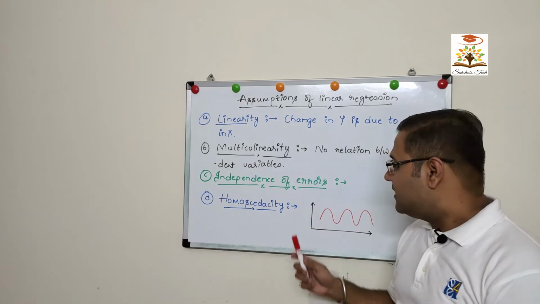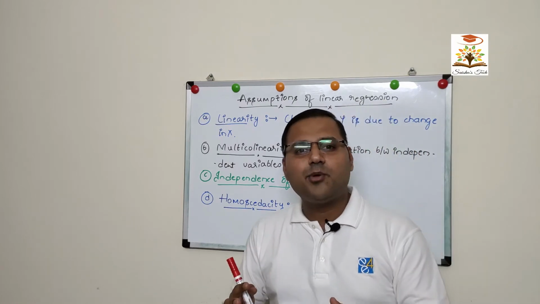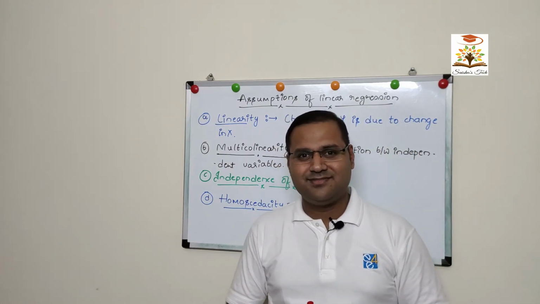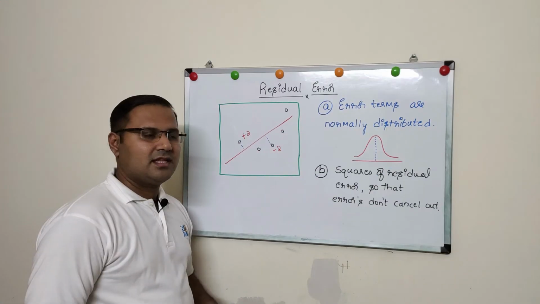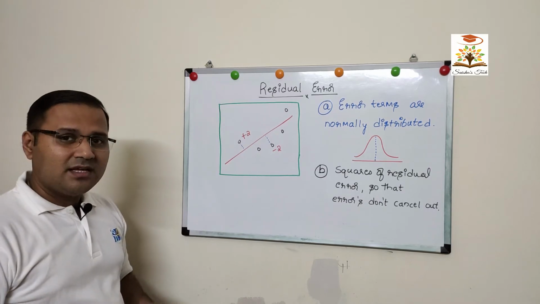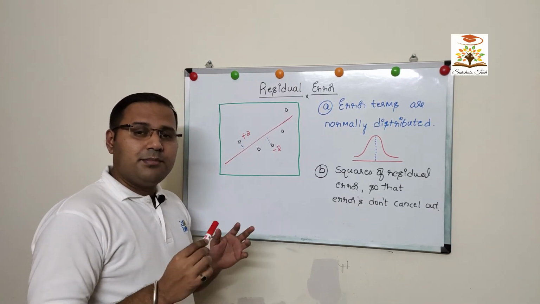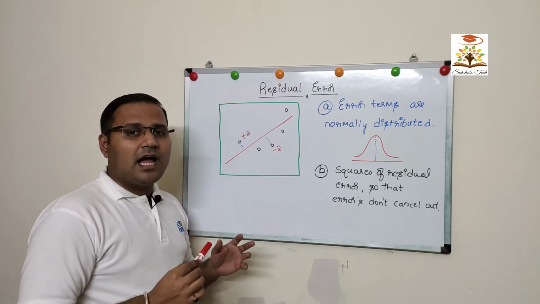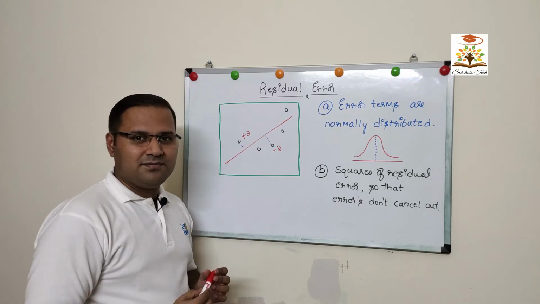Now let us understand the error terms, that is residual errors, and the properties of residual errors. Residual error is the error generated between the actual value and the hypothesis line which we model.